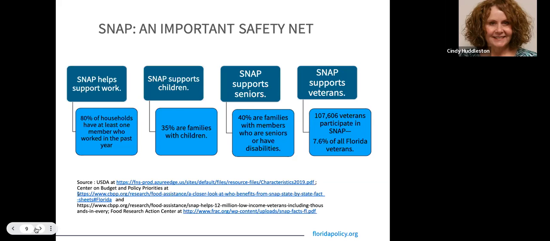Finally, one more thing to point out, another good reason to love SNAP is that the federal government pays 100% of the cost of the SNAP benefits that Florida provides to eligible households, although the state does share in administrative costs. So the cost of SNAP benefits that folks get are actually paid for by the federal government. Next slide, please.